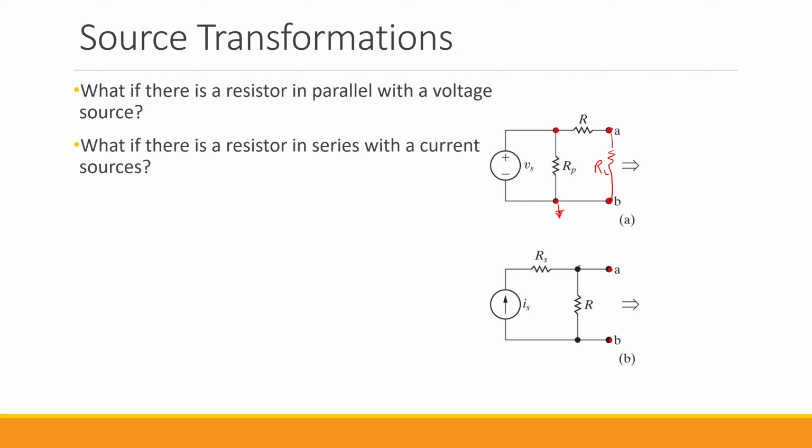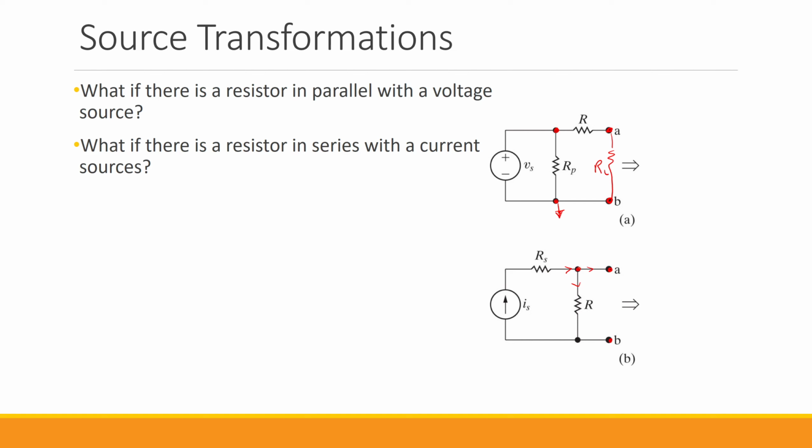So what about having a resistor in series with this independent current source? When we have this current source, let's say we want to write the KCL here. Since we have this independent current source, the current of this wire or this branch of the circuit is going to be Is regardless of whether we have this RS in series with it or not.